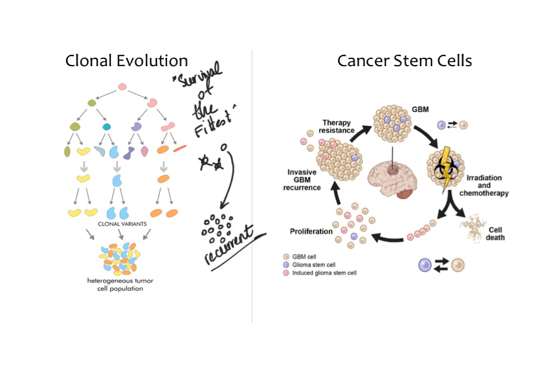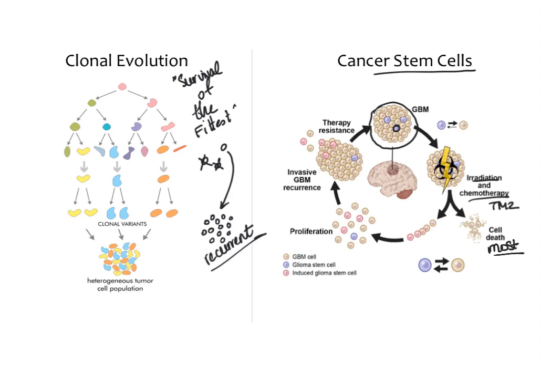The second thought on where this comes from is the cancer stem cell hypothesis. So this is the idea that you have a primary tumor that's composed of lots of differentiated cells and a few stem cells. These purple cells are stem cells. And when we give the radiation and the chemotherapy and the TMZ together, these lead to cell death for most of the cells, as we've talked about.